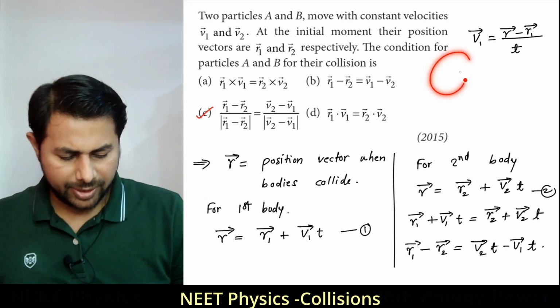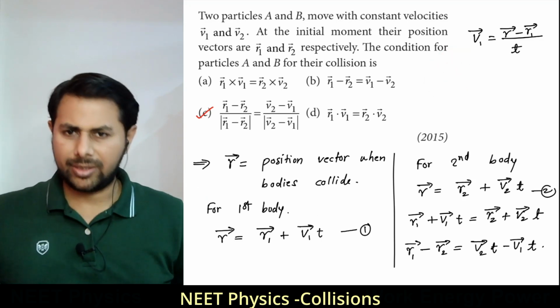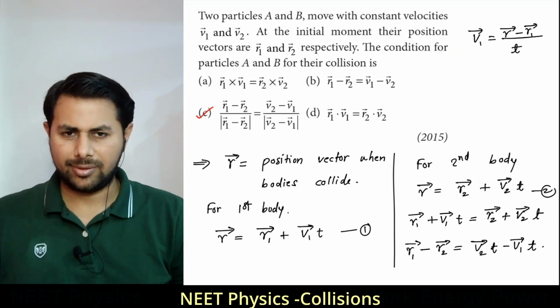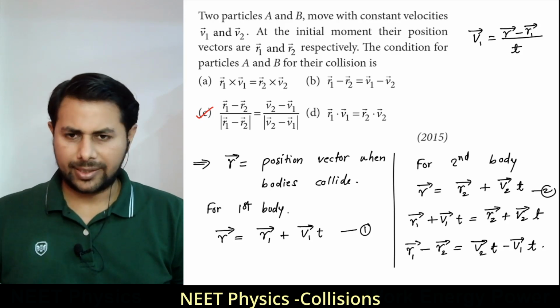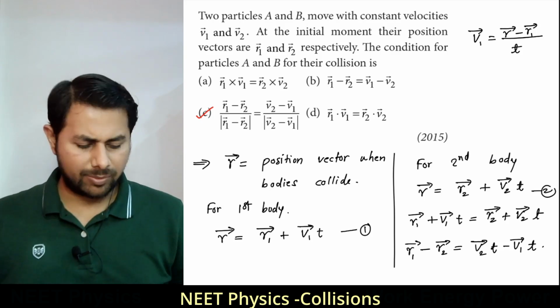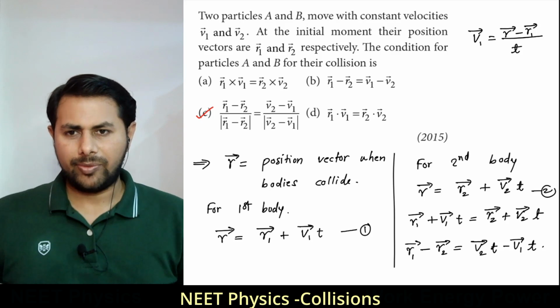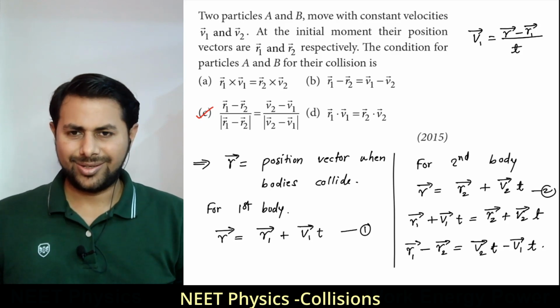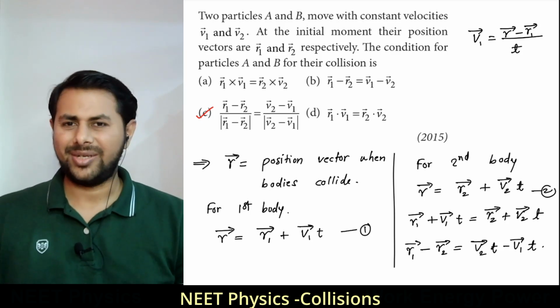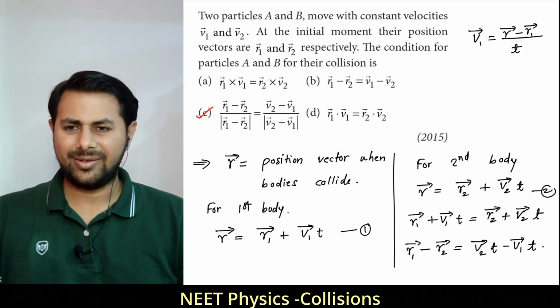So except for this question, I think every other question was very simple. Questions asked in NEET are very simple, and we took some questions from other exams too, which are also very simple. So there will be some questions for practice. They might be as simple or a little bit difficult, I don't know, but please try them.